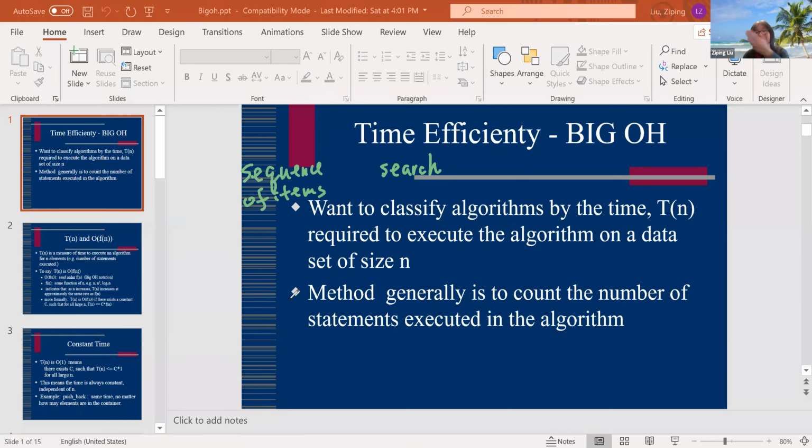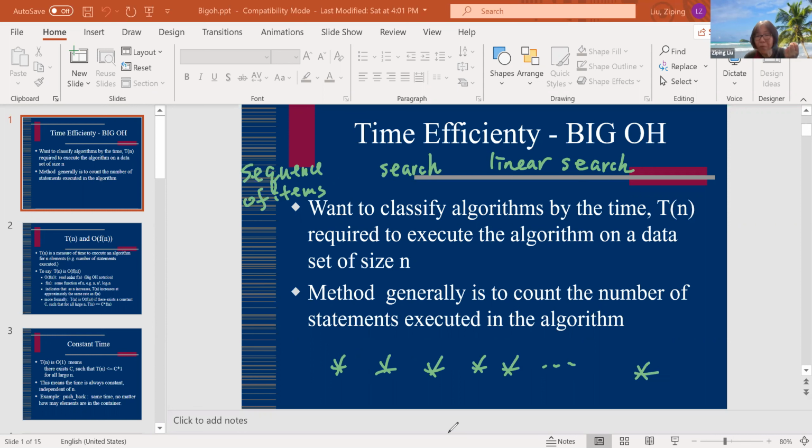One by one comparison, is it? So one by one, following the sequence, is it? So that kind of search is what? Is a linear search. Linear search, is it?